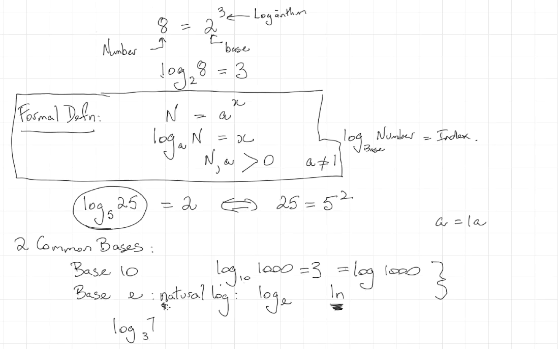Well, you know 3 to the power of 1 is 3, 3 to the power of 2 is 9. So it's going to be 1 point something. We are going to learn some rules soon that will allow us to use log to base 10 or natural log to be able to work this out, but that's for future reference.